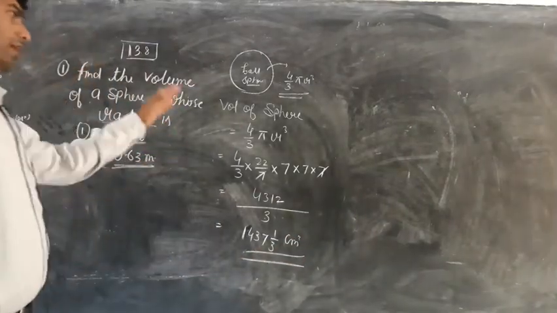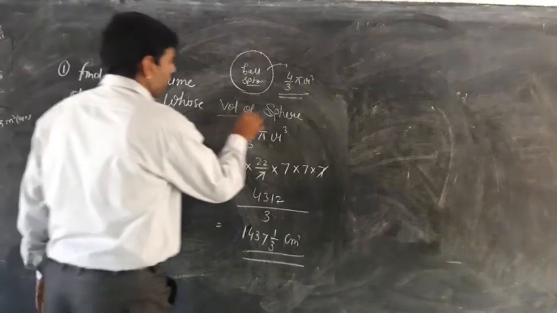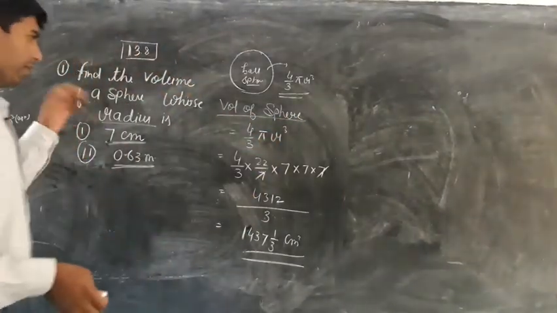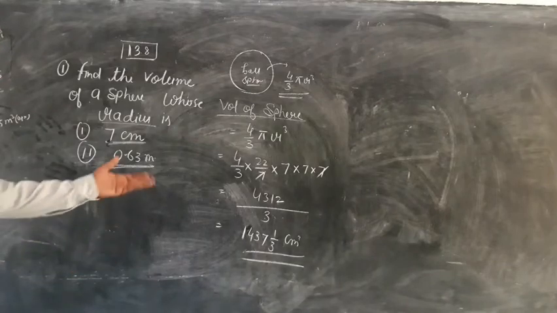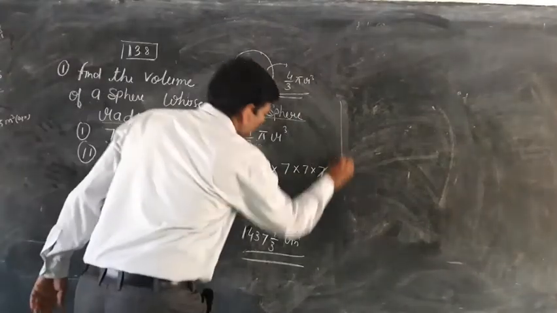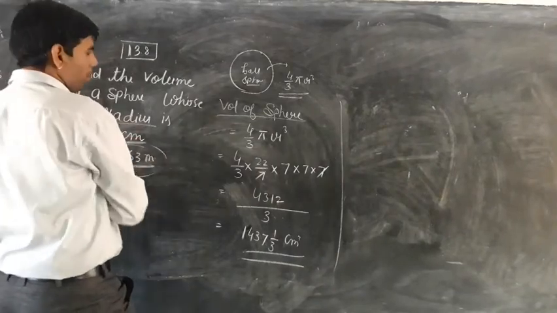Very simple question. Only the formula of the volume of sphere is 4 by 3 pi r cube. Put the value of radius and find the volume of sphere. In the second question, the given radius is equal to 0.63.